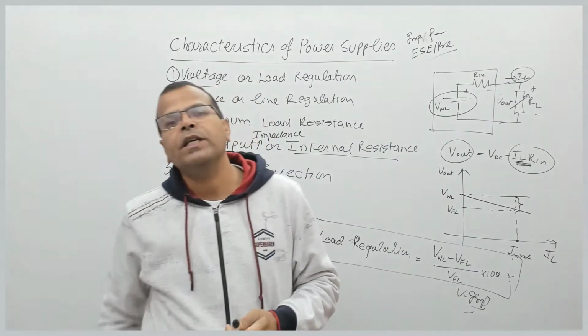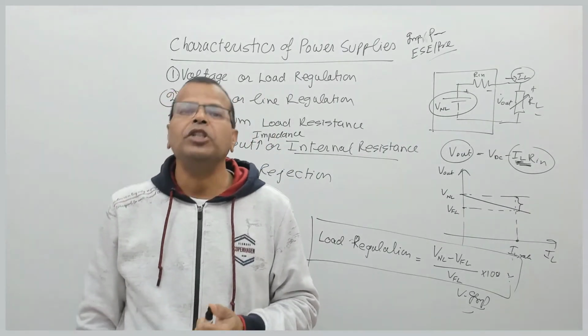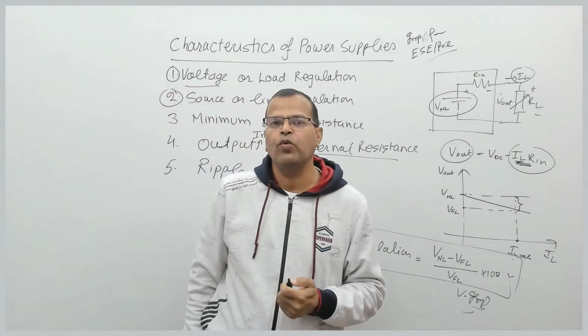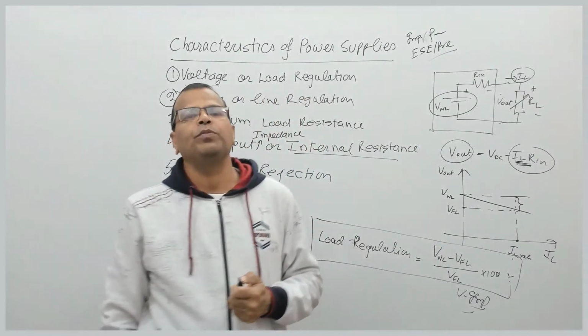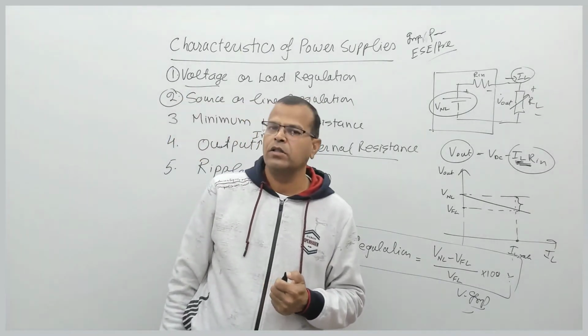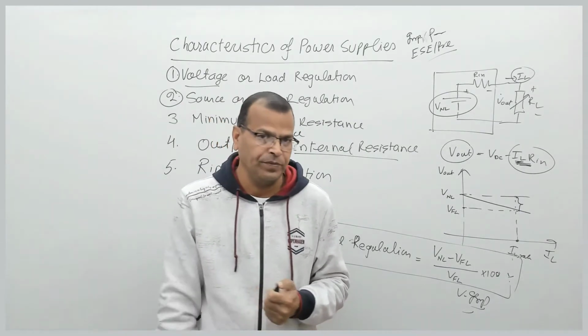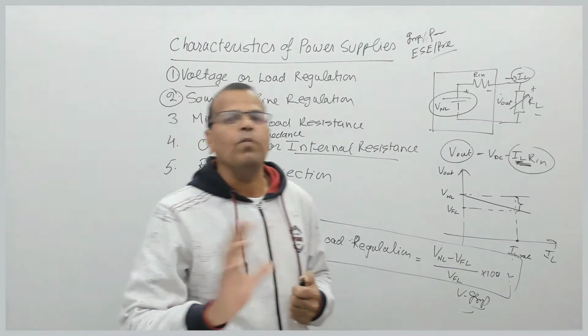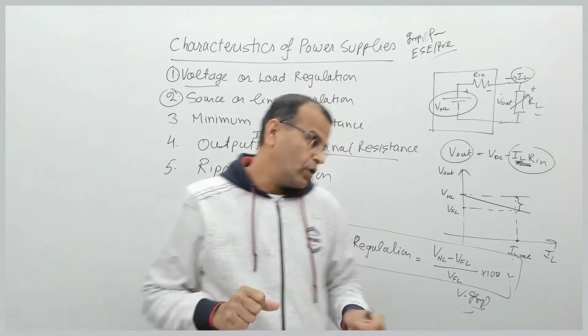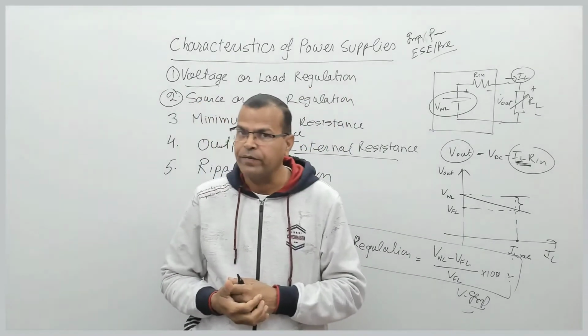But in terms of percent, the percentage change in output voltage with change in input voltage is called line or source regulation, right? That is not a commonly used term, but this load regulation is an important one. Fine.